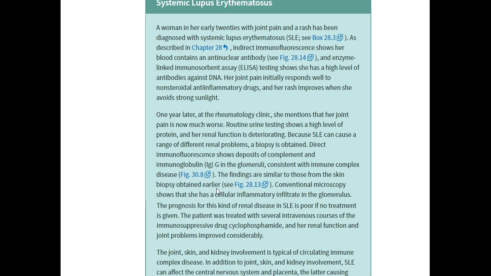So the detection of the specific type of antibody, which here is usually an IgG antibody, is extremely important to know in the treatment regimen.